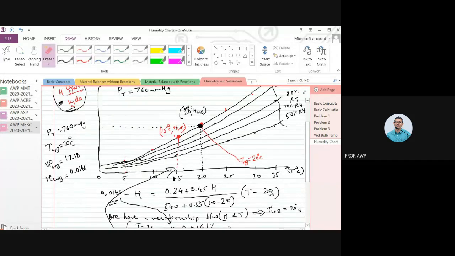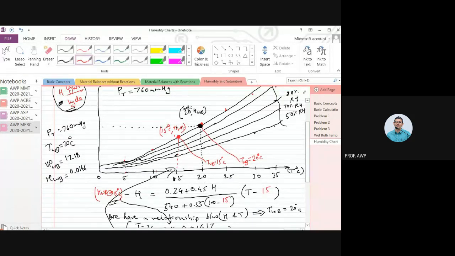Only thing is now I will take this as 15 degrees centigrade, and I will take different values of T, calculate H and plot that graph. That graph would look something like this. All this red line would have a wet bulb temperature of 15 degrees centigrade.